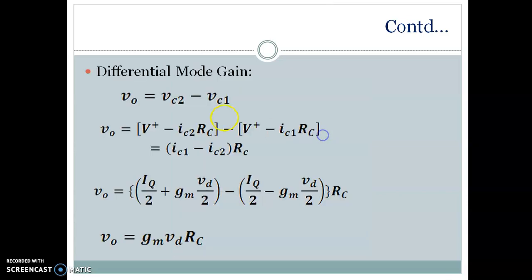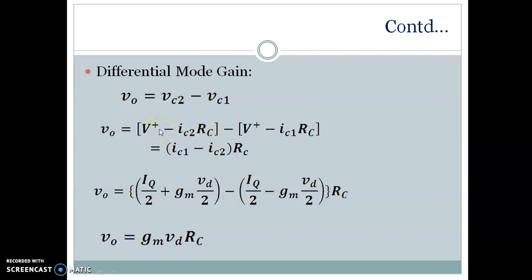So V0 is equal to, we take the difference because if we tap the output from the collector, then it is the difference between the two collector terminal voltages. It is VC2 minus VC1. So what is your collector voltage? It is your supply voltage minus your collector current into RC.